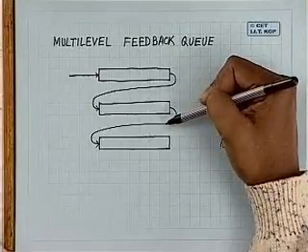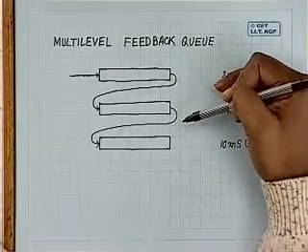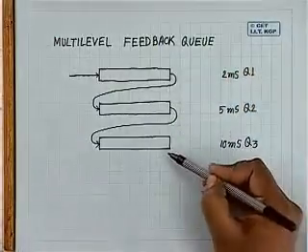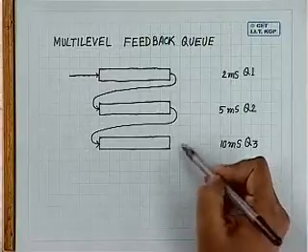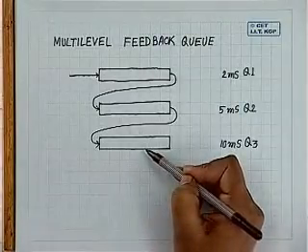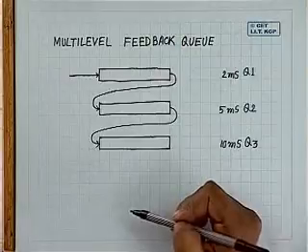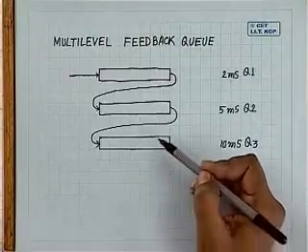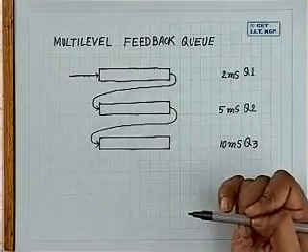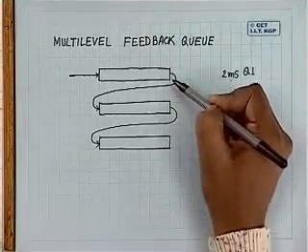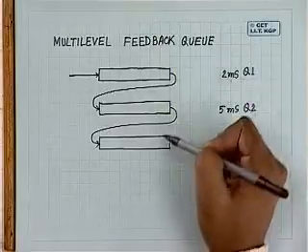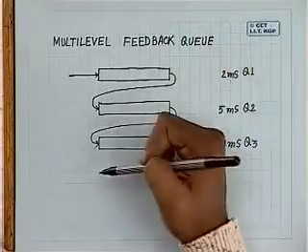That means I start giving it lower preference. Similarly, at the bottom queue, as long as the job is CPU bound, it will remain in queue number 3 where the priority is less. Whenever the job changes its nature, that is, it starts becoming IO bound, I start pushing it upwards. When I push it upwards, that means I am increasing its priority.